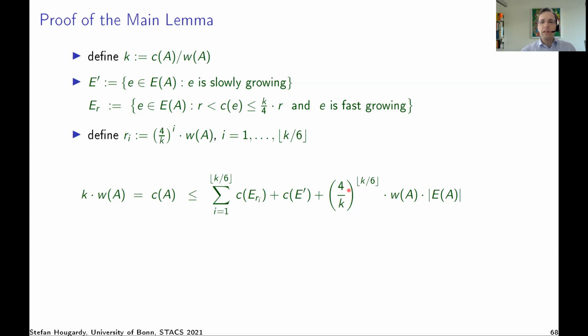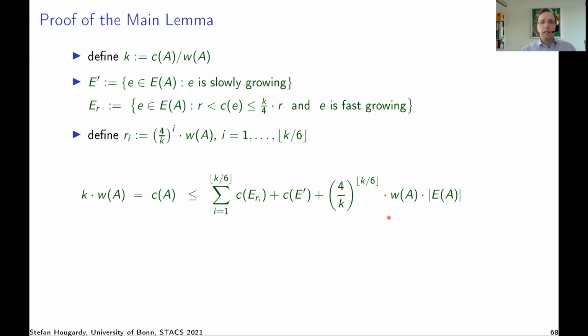But here we know that their weight is at most 4 over K to the K over 6 times W of A. And in the worst case, we have all edges having this small weight. So this is certainly an upper bound on the total C value of all these edges.